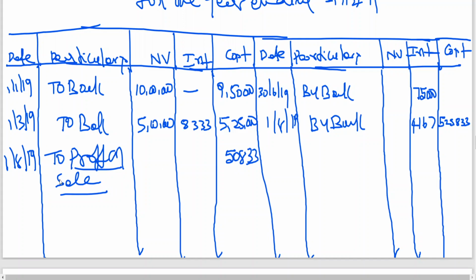If you want, directly in place of writing profit on sale, we can also write to P&L account. Like you write a trading account or to P&L account, same thing. This is current investments. Opening stock, like here we got 2 times purchases. Sale, profit, loss is there. Which side you write? Credit side. That's it. Got it, all of you?